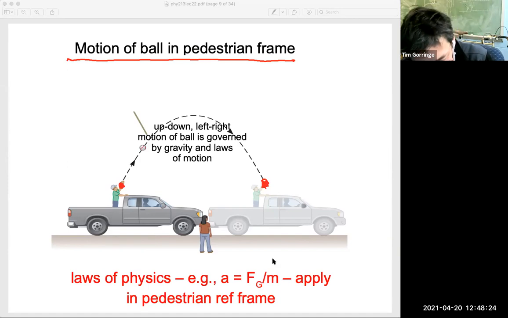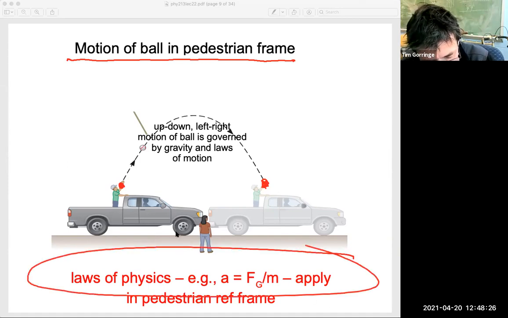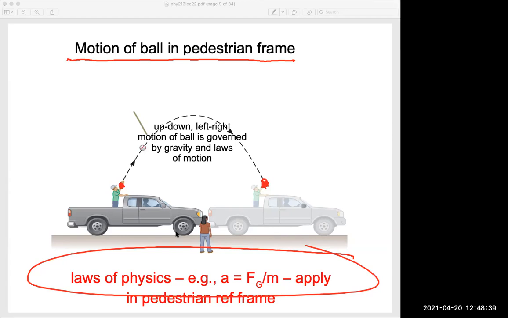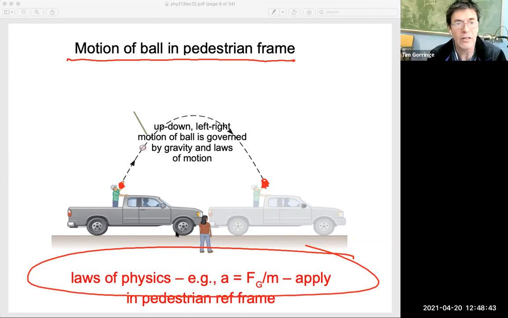But the pedestrian observer also agrees on the laws of physics that determine the ball's path. That pedestrian observer also agrees that the motion was due to the force of gravity acting on the ball, and also agrees that the force of gravity created an acceleration of the ball that was determined by the force and the ball's mass, the ball's inertia.